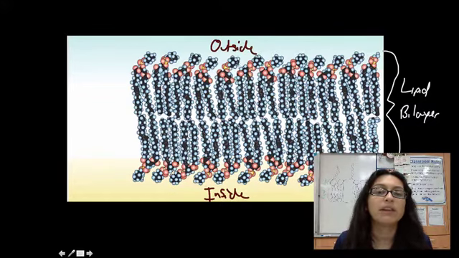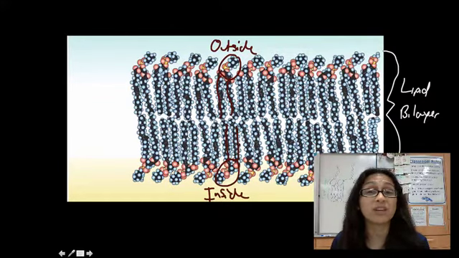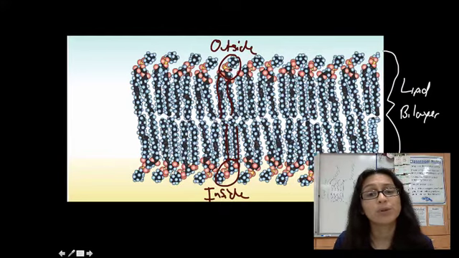You have the hydrophilic regions towards the outside, and then the hydrophobic regions face each other towards the inside of the bilayer. The reason for that is these hydrophobic regions do not want to interact with hydrophilic molecules in water, while the hydrophilic regions actually do. So the hydrophilic regions are towards the outside and inside of the cell, while the hydrophobic regions face each other towards the middle.